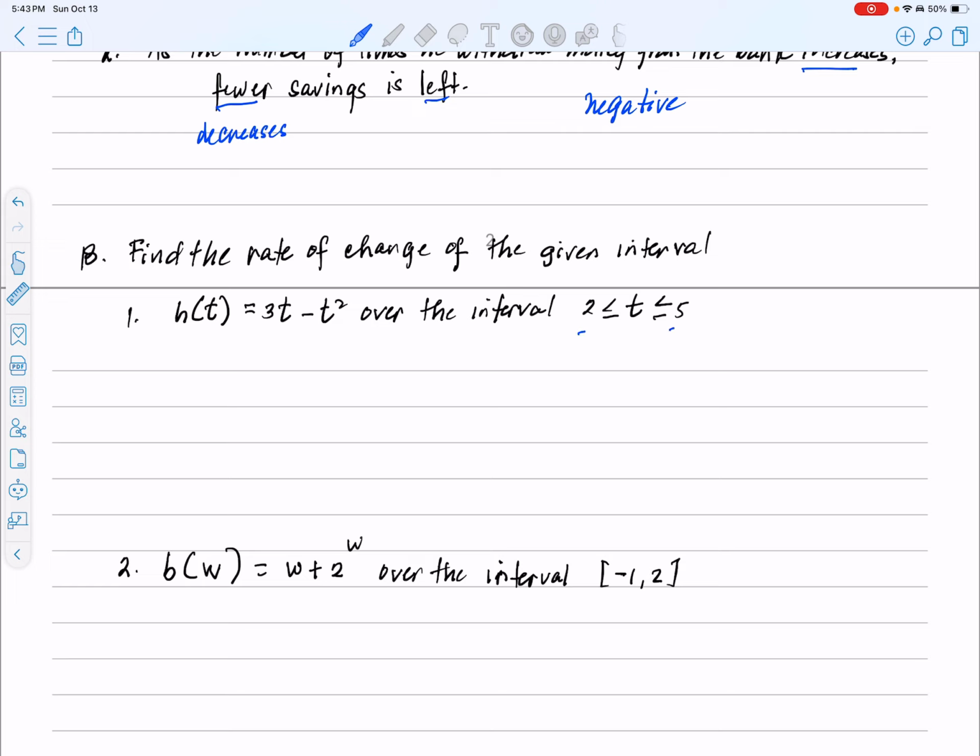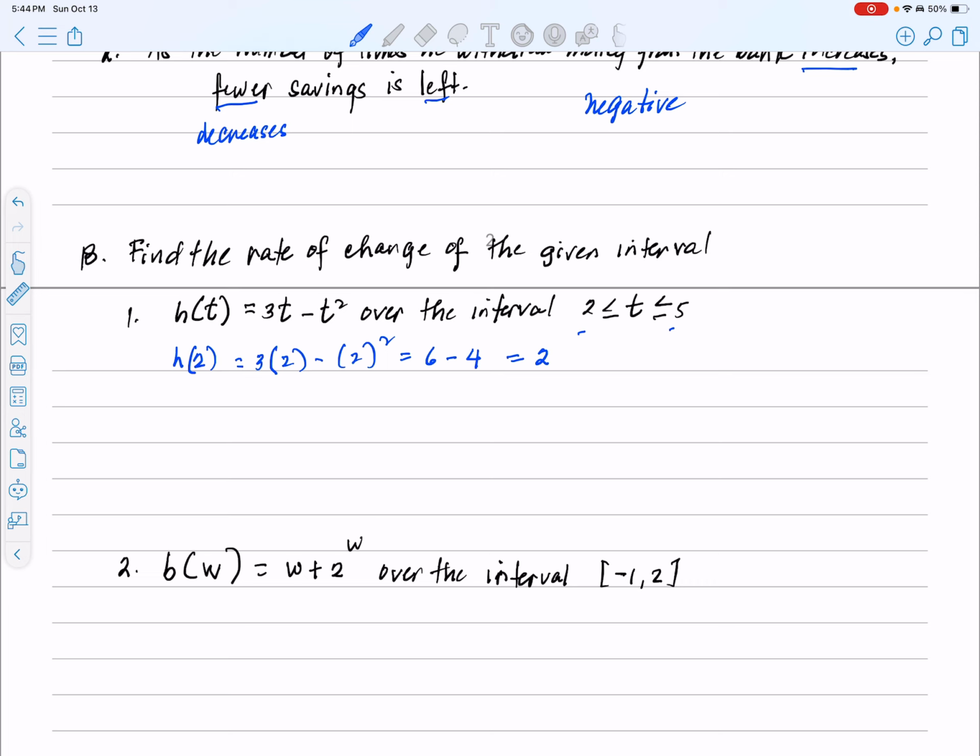So what we're going to do is find h of 2, the result when you input 2 in the function. 3 times 2, that's 6. 2 to the second power, that's 4. 6 minus 4 is 2.